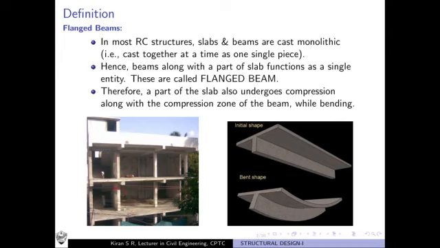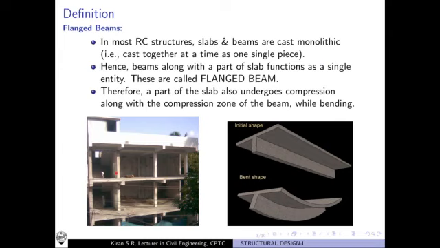So they have more tendency to behave as a single structural element, not that the slab behaves separately and the beams will bend separately. No, the flexural behavior of the slab as well as the beam will tend to behave in the same fashion because they are cast monolithically. So that is what is meant by the term monolithic. Monolithic means they are cast, constructed together at the same time, and they behave as one single piece.